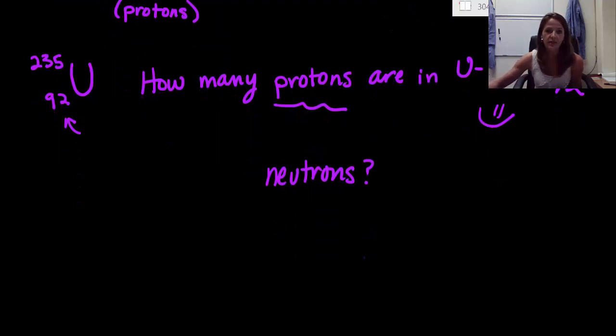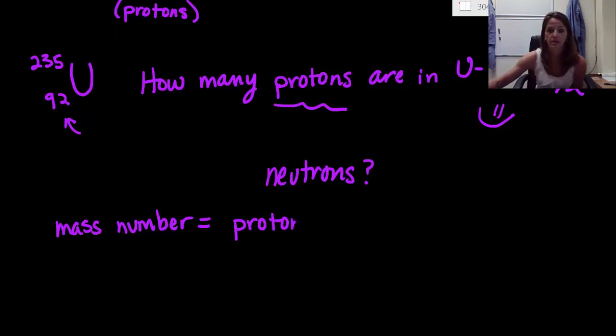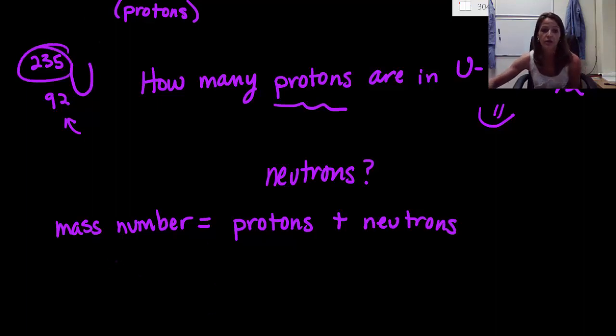And so just to figure this out, all we had to do was remember the definition of a mass number. So mass number is just equal to your number of protons plus your number of neutrons. So now the mass number was given to you. We said we're talking about U235. So for our little equation here, we have 235, which is equal to number of protons.